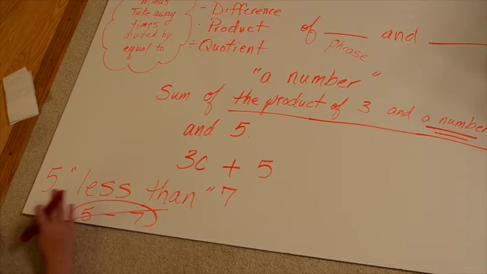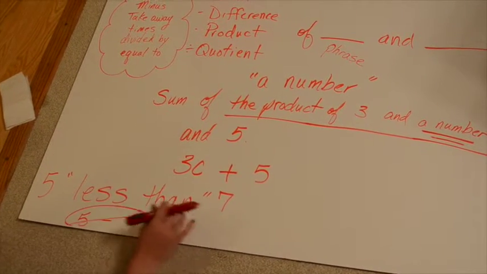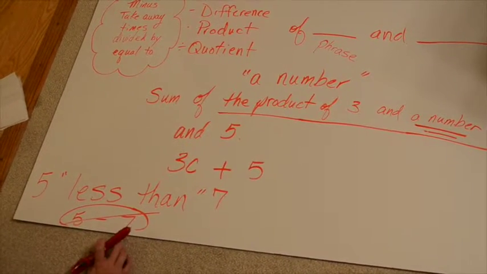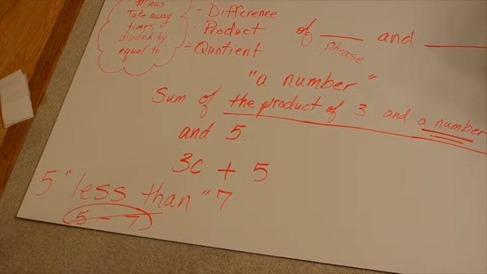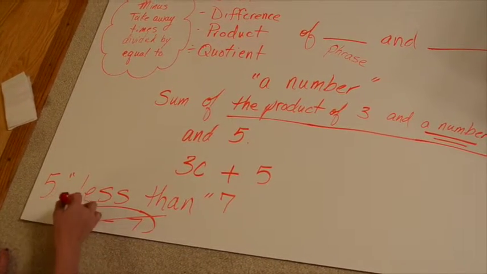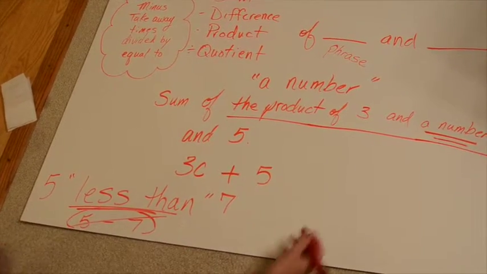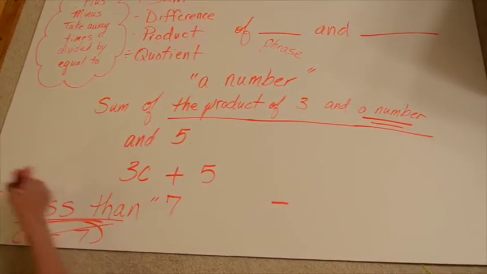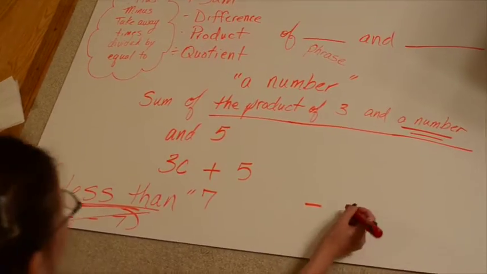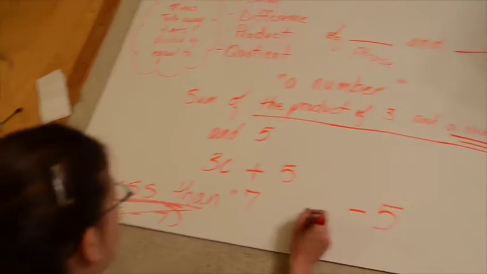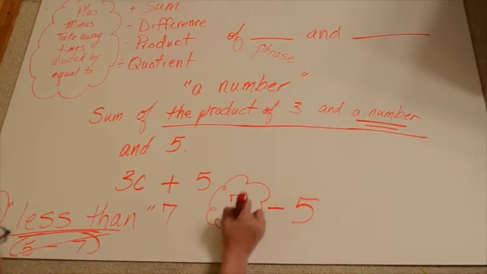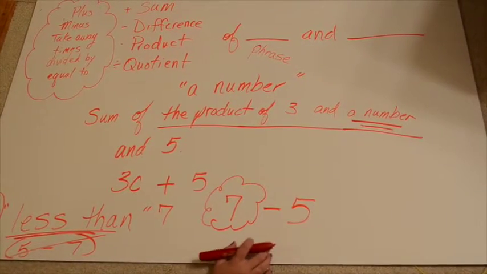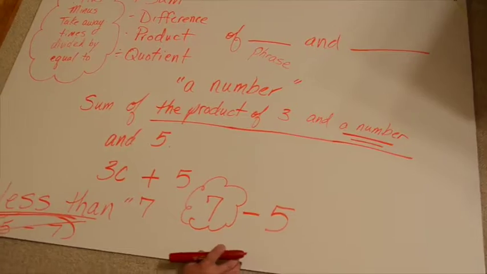If you think about if you have $7 and now you have 5 less than 7, you know you're going to have 2 left, whereas the subtraction I wrote would have given me a -2. So as soon as you see less than, you do know you're subtracting, but the first item goes second. And then your second item goes first, giving me the correct value of 2.